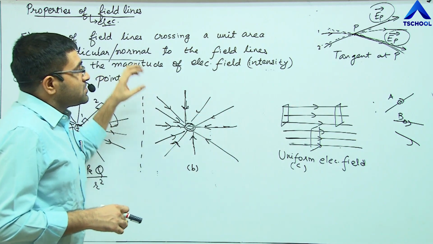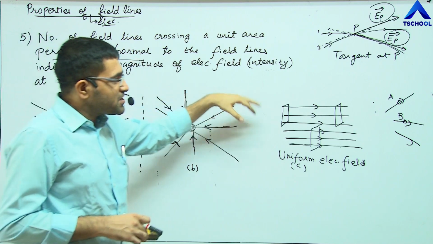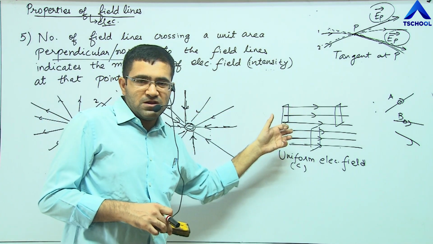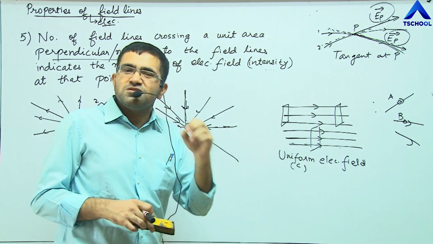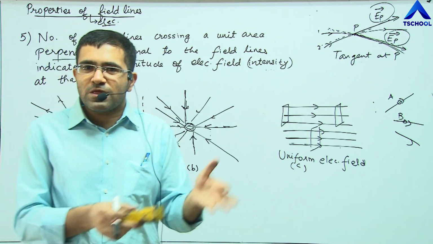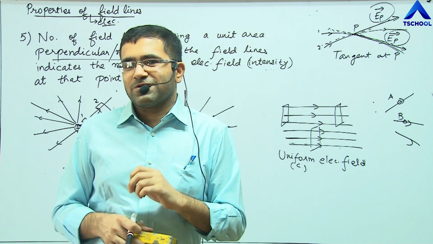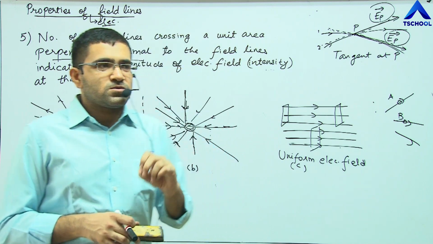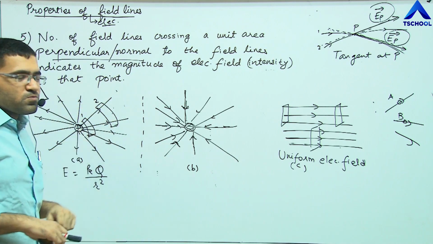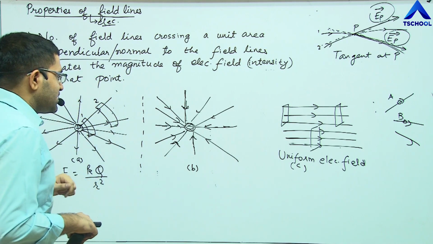And finally, number 5 is that if you draw a unit area perpendicular to these field lines, then the number of field lines that pass through that area indicates the magnitude of electric field. Those are the 5 properties of electric field lines.